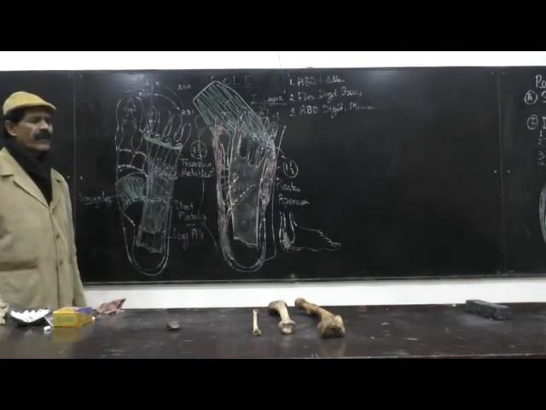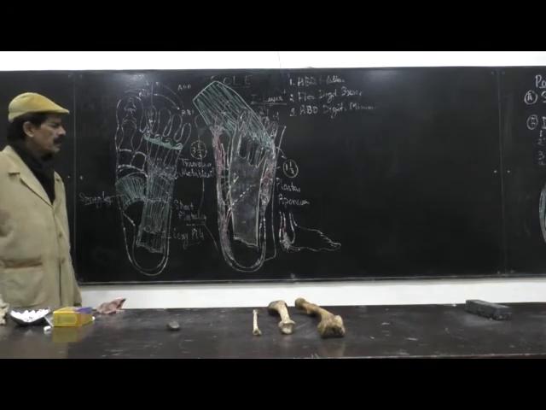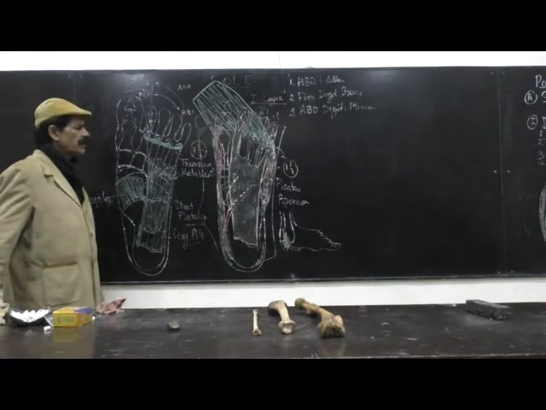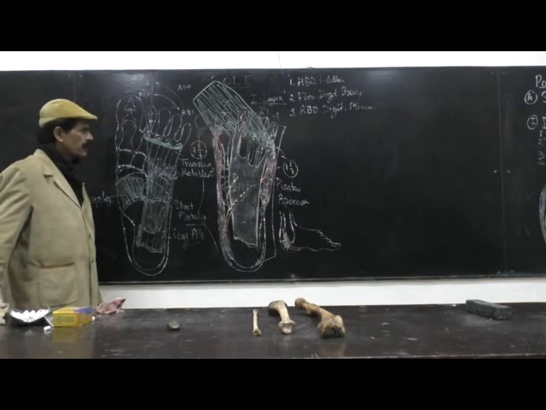So this is the fate of the tibial nerve and the posterior tibial artery in the sole of the foot. So this is the arrangement in the first layer of the foot.